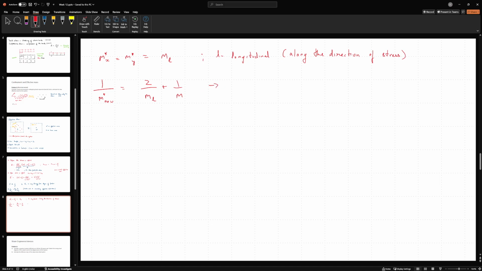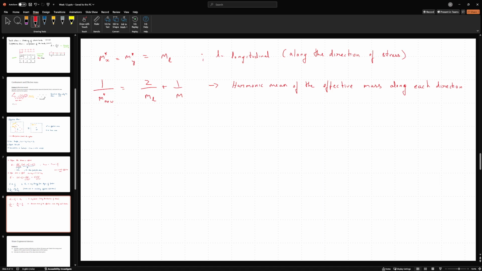So now this is essentially the harmonic mean of the effective mass along each direction.